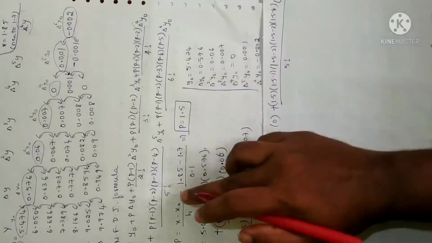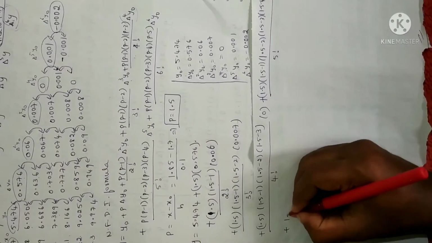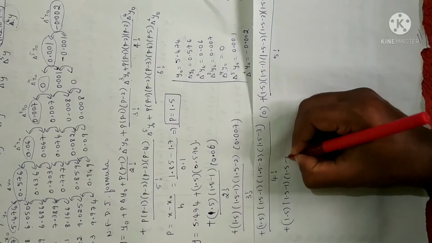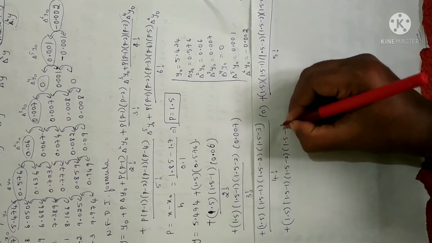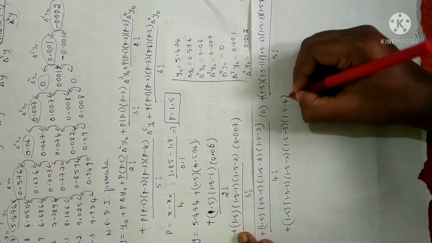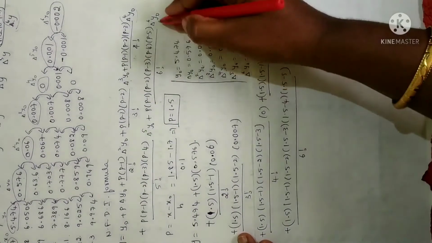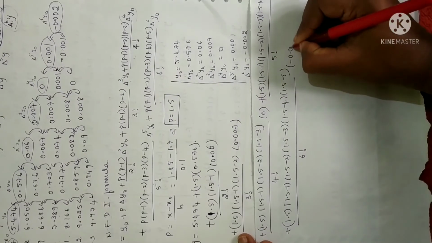Clear? Next, the last term: plus 1.5 into 1.5 minus 1, 1.5 minus 2, 1.5 minus 3, 1.5 minus 4, 1.5 minus 5 divided by 6 factorial into del power 6, which is minus 0.002.